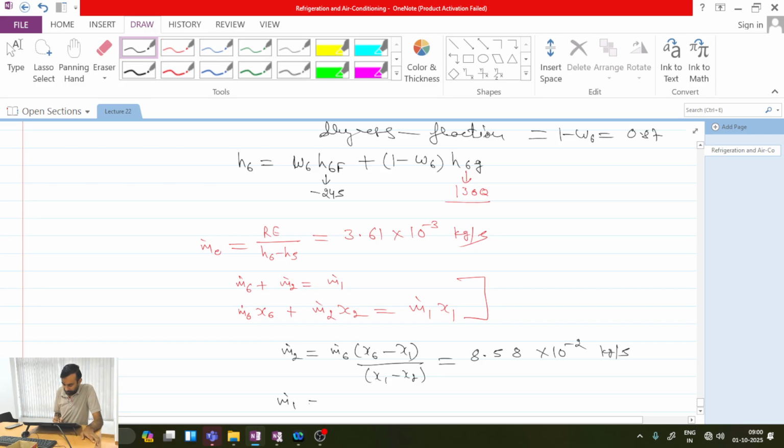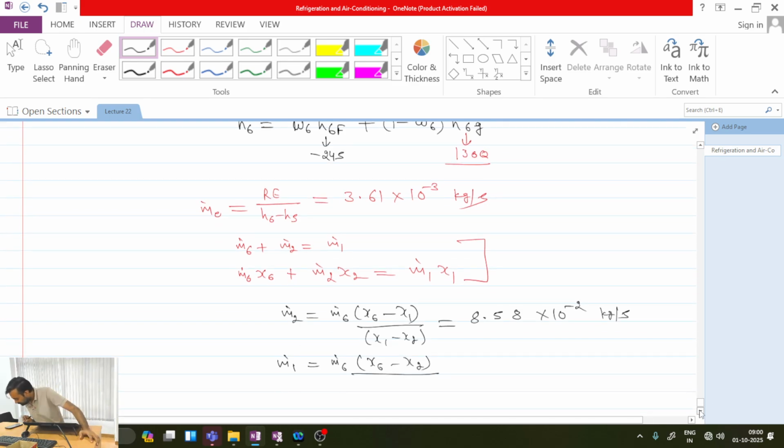And m dot 1, if you calculate, comes out to be m dot 6 into x6 minus x2 divided by x1 minus x2. 8.95. Yes, tell me. Correct? So I have calculated the mass flow rates.